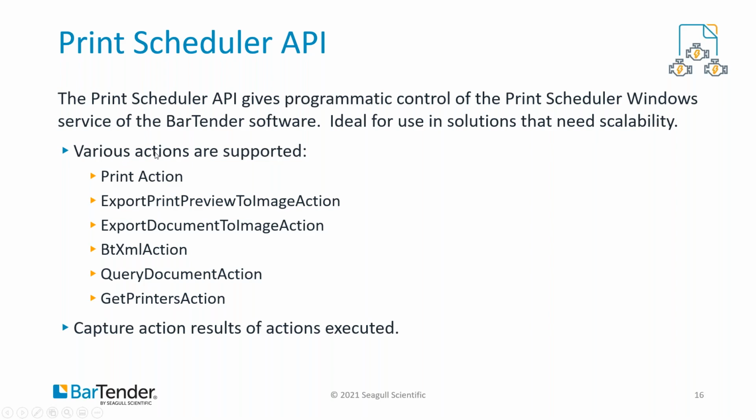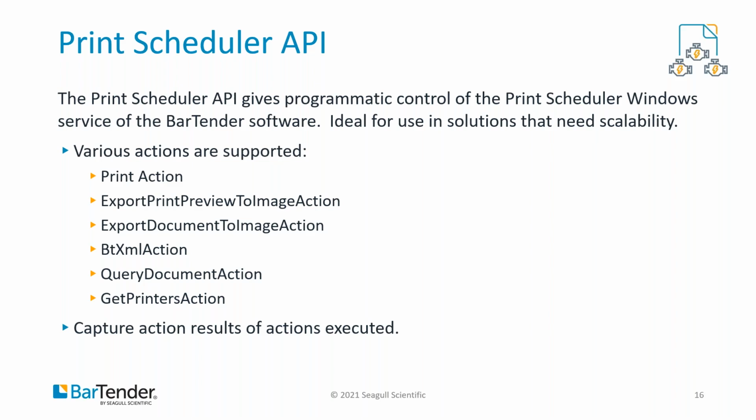So when you're making calls to this API, whether it's for performing a print action, to export a print preview, to export the document design as an image, to run BTXML, to query the document for information about that document, or to get a list of printers for the BarTender software, then these are all actions you're submitting to the Print Scheduler service.